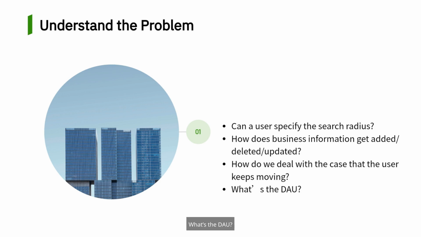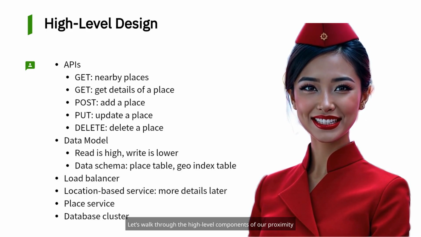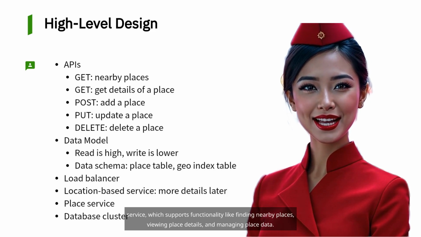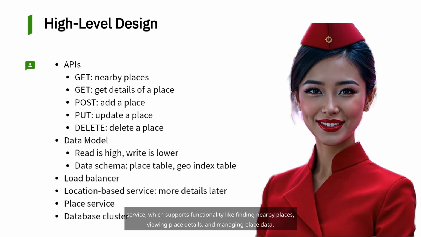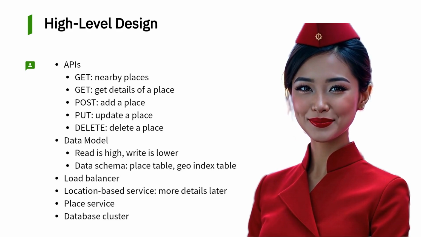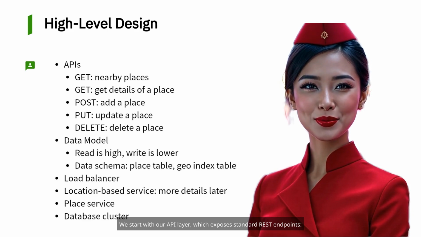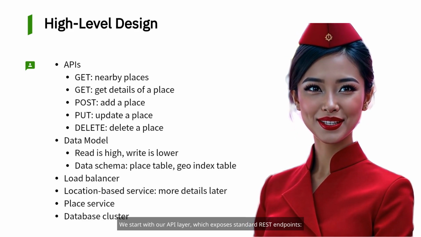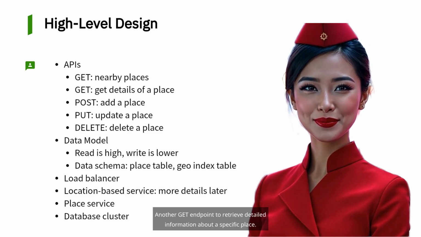What's the DAU? Let's walk through the high-level components of our proximity service, which supports functionality like finding nearby places, viewing place details, and managing place data. APIs. We start with our API layer, which exposes standard REST endpoints. A GET API to fetch nearby places based on location.